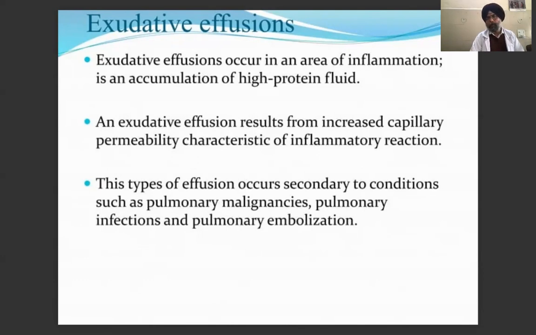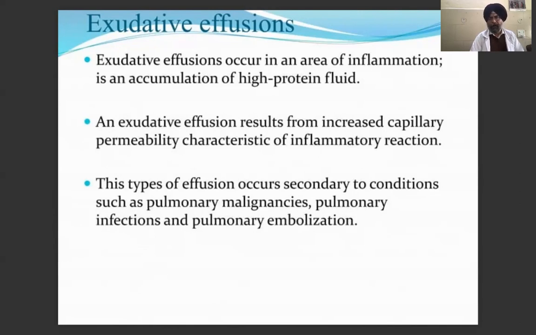First we'll talk about the pleural effusion associated with pneumonia, also known as synpneumonic or parapneumonic effusions. As we already told, involvement of the lung causes inflammation in the pleura. To start with, the effusion may be sterile, but later secondary infection occurs and it becomes a high protein fluid.